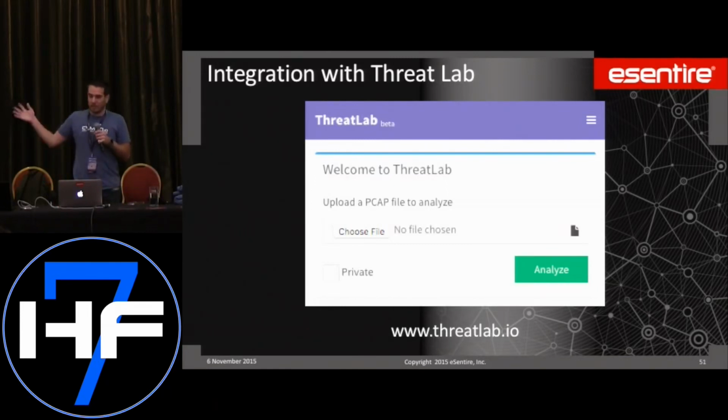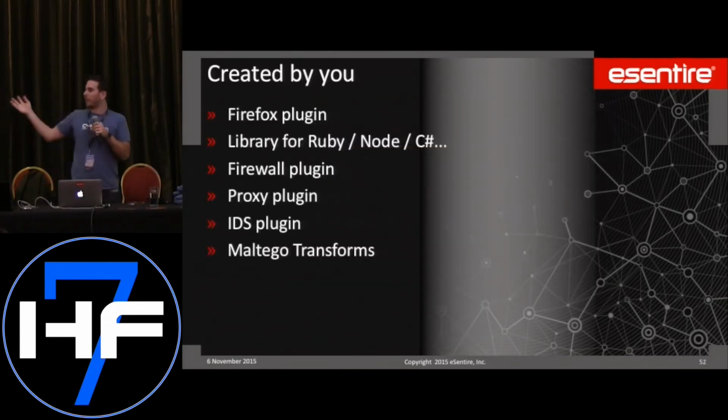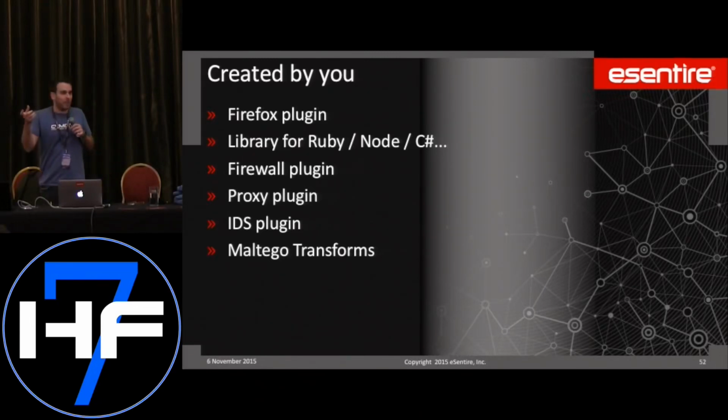We're almost done. Last slide, I just want to ask you, if you have time and you're interested in open source projects, there are a few things that you can help build for Cymon. If you want to create a Firefox plugin that does something like the Cymon Interceptor, or if you want to create a Maltego transform. So if you've used Maltego for open source intelligence gathering, you can bring in an IP address, for example.